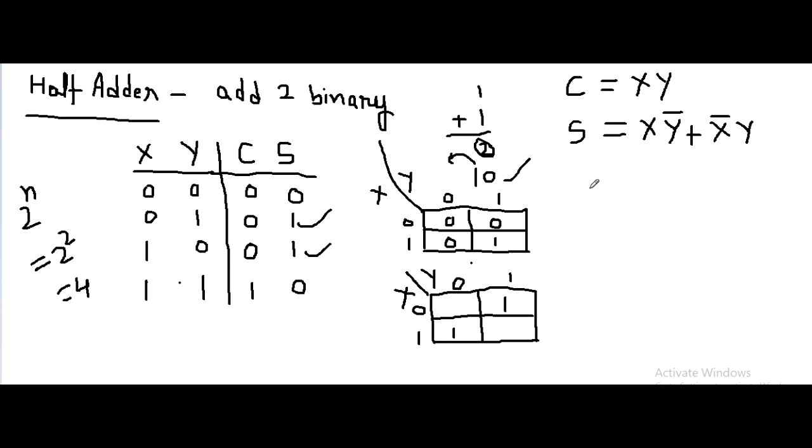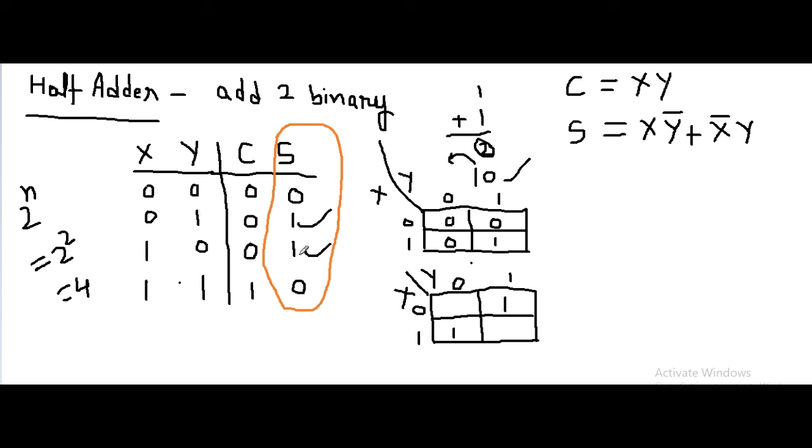Now we have to design a circuit, but before that, if you look at this column for S, and you know the logic gates, if you look at it carefully, you will see that when both the inputs are different, S is 1.